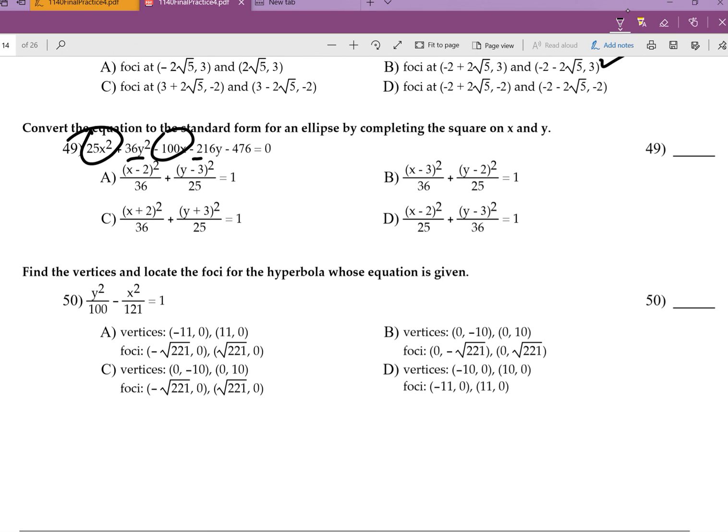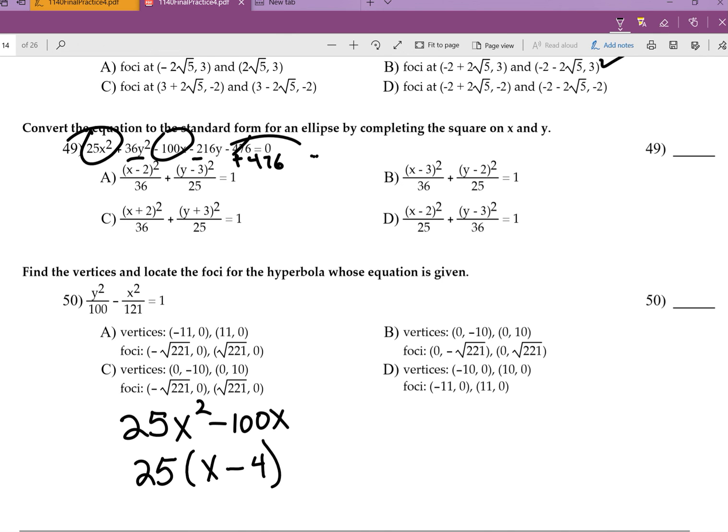You're going to add that 476 over here to this side, so you bring it over, cancel it on that side. And then we complete the square. So I'm just going to show you, if you have 25x squared minus 100x, if I factor out the 25, I'm left with x minus 4, which is plus or minus 2, just for the record. So x is plus or minus 2.